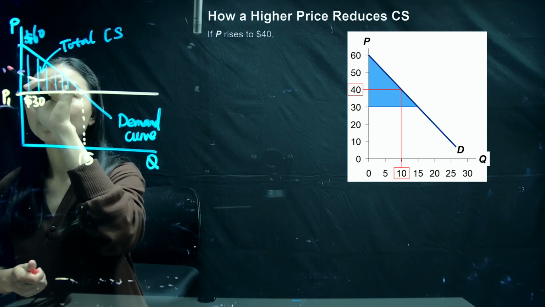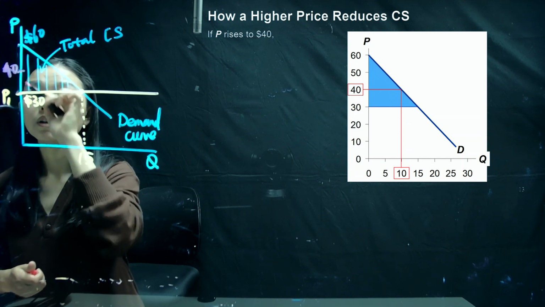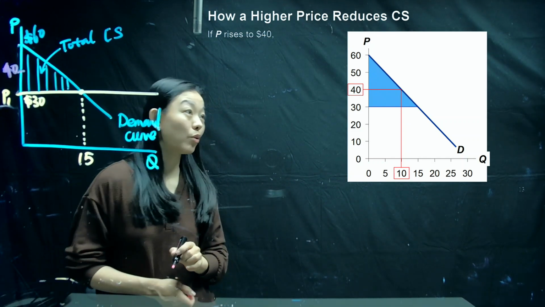This is the $40. If price increased to $40, then what will happen?